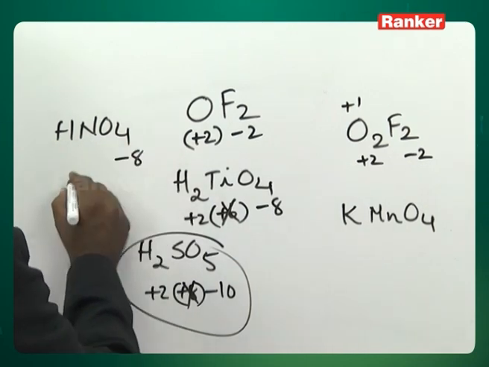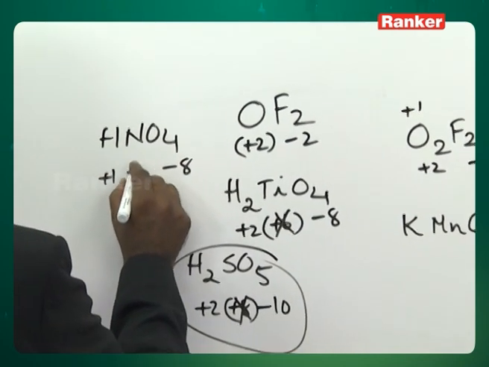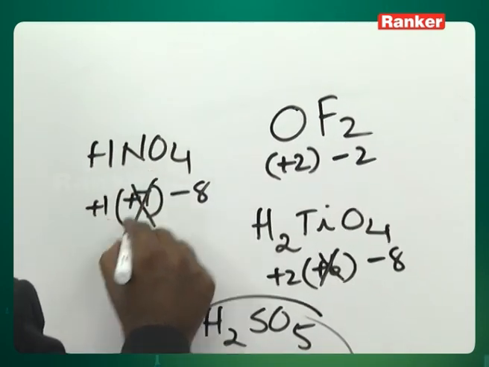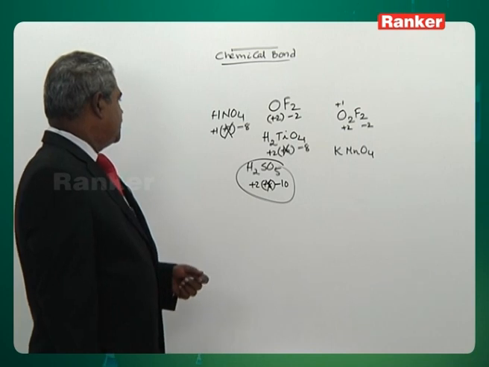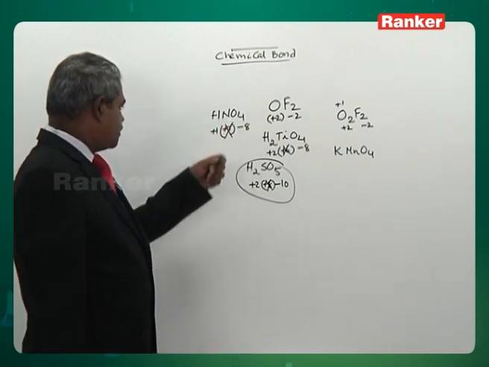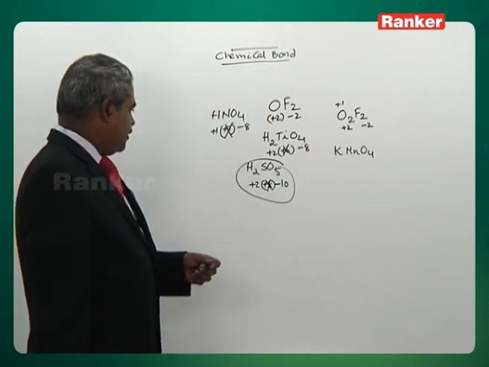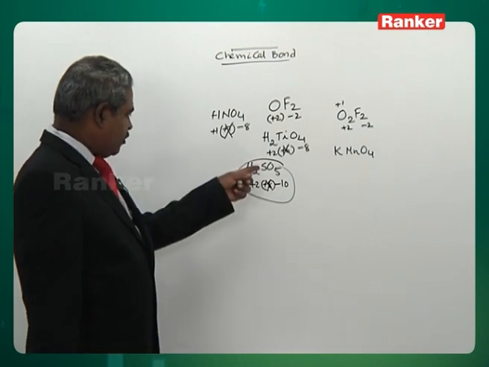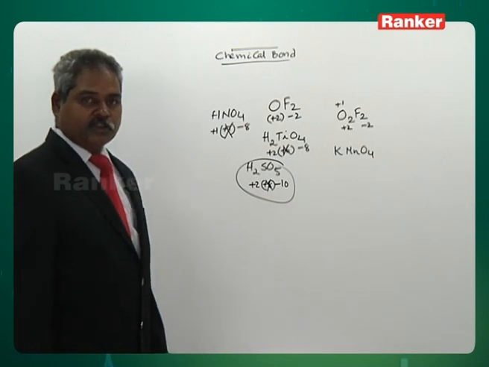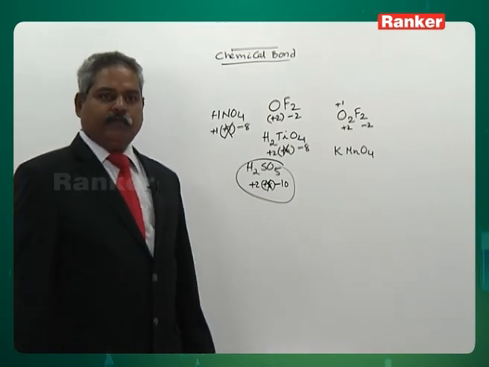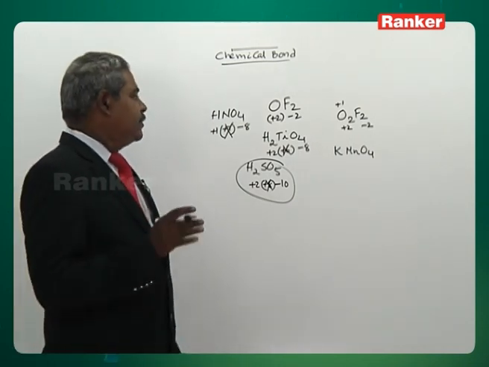HNO4: minus 8, plus 1, so plus 7. Impossible. Pernitric acid, or peroxynitric acid. It contains a peroxy bond. Persulfuric acid, peroxysulfuric acid. So in some molecules the sound P-E-R will be there, but they need not be peroxy.